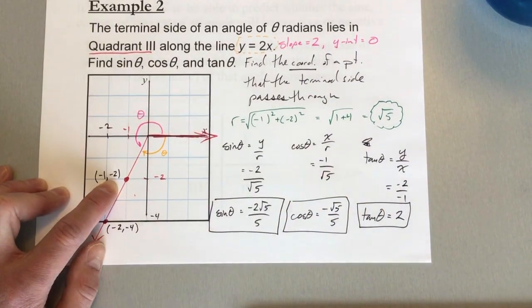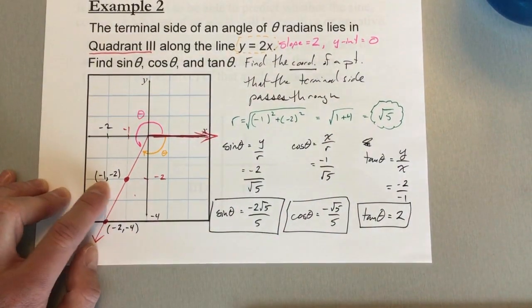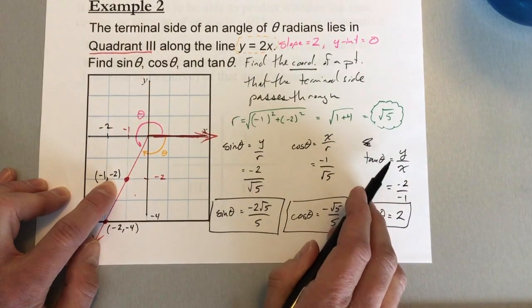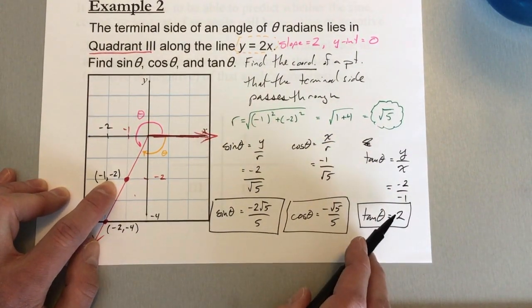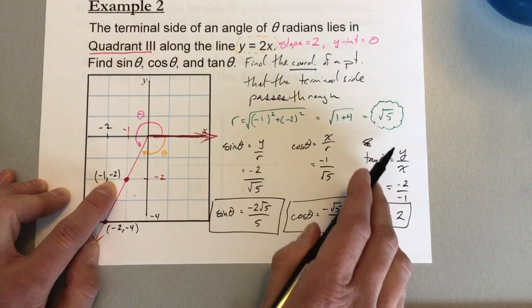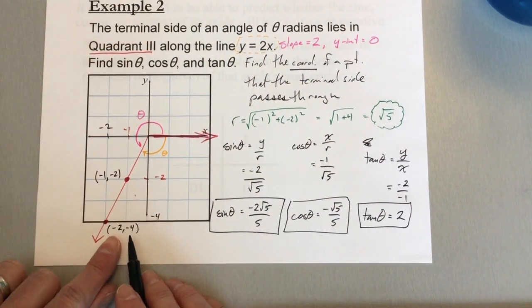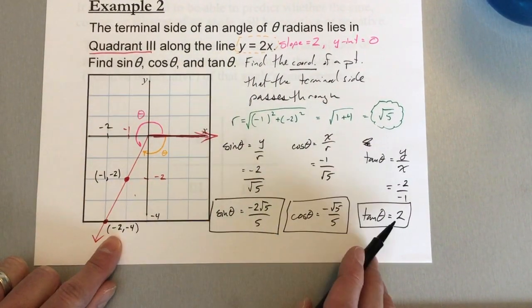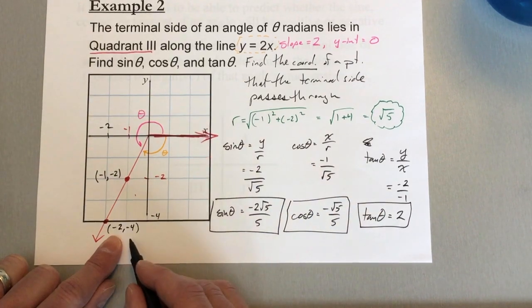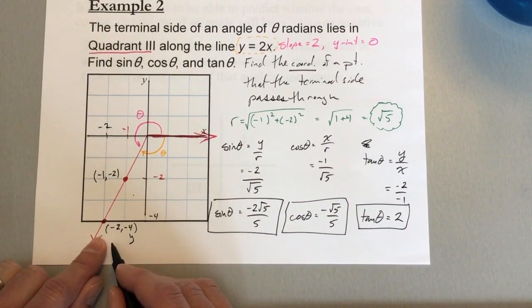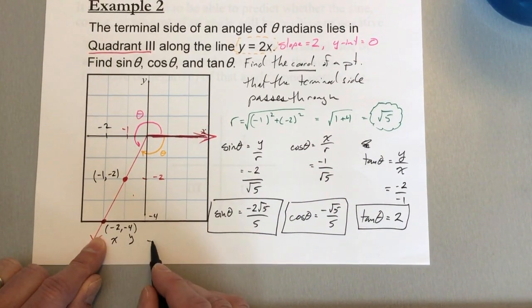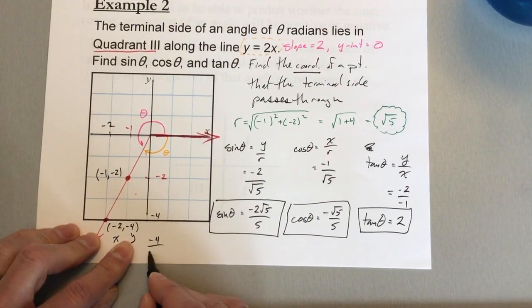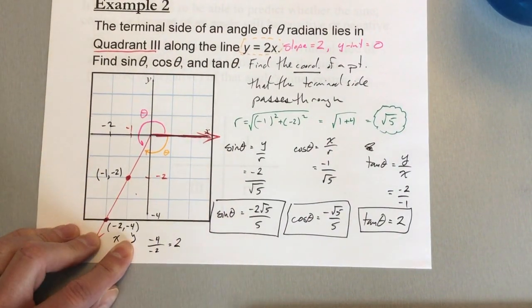And we get a tangent that's positive because both x and y are negative, and the quotient of two negatives is a positive. Also, the tangent is a great way to show you that if I had used these coordinates instead, I'd still get the same ratio because my y, -4, divided by my x, -2, reduces to the exact same tangent.